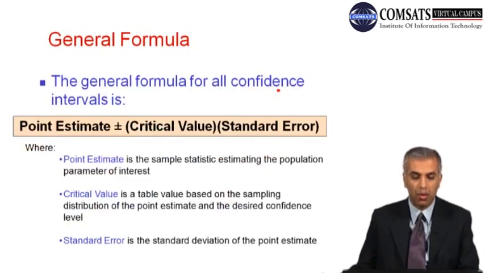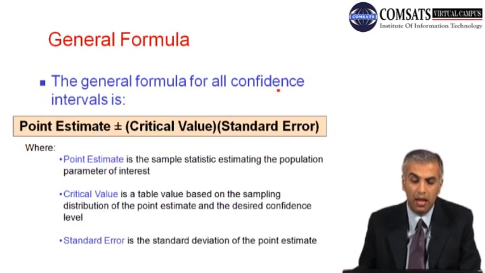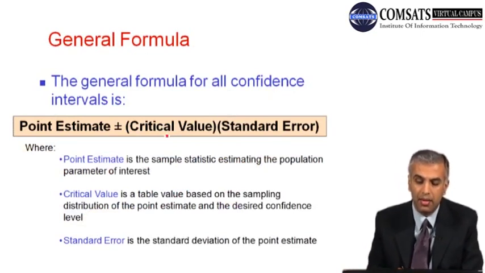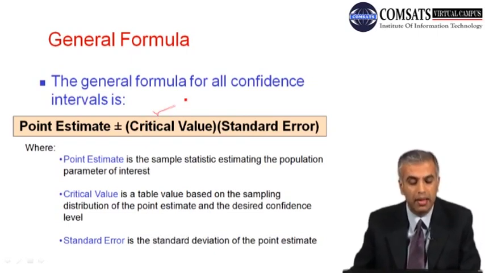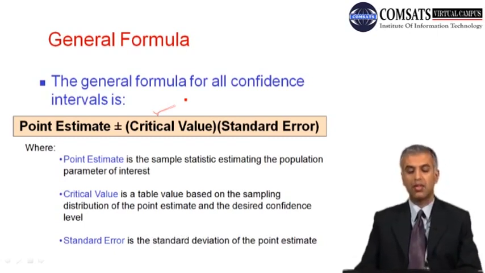And this was the formula which we discussed for calculating the confidence interval, which you can see here in this box: we take a point estimate plus or minus its critical value multiplied by the standard error. The critical value is calculated through this table, which is based on the sampling distribution of the point estimate and the desired confidence level.